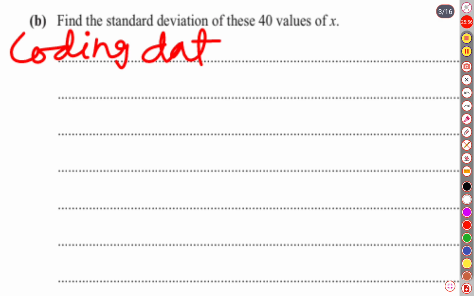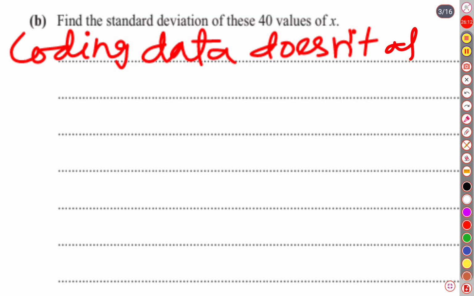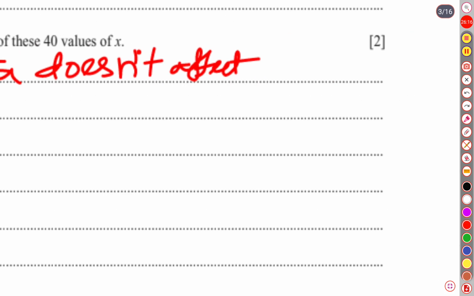For mean, coding data is applicable, but for standard deviation and variance, coding data doesn't affect it. Coding data doesn't affect standard deviation or variance.